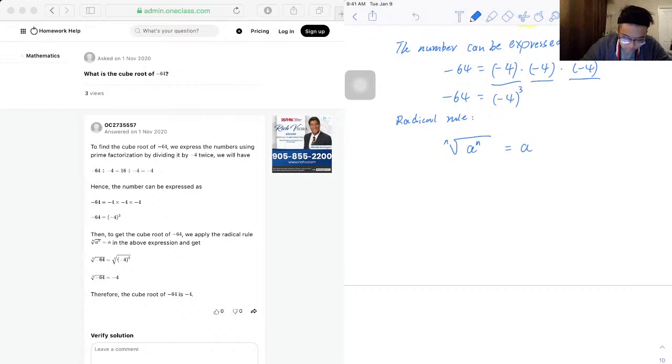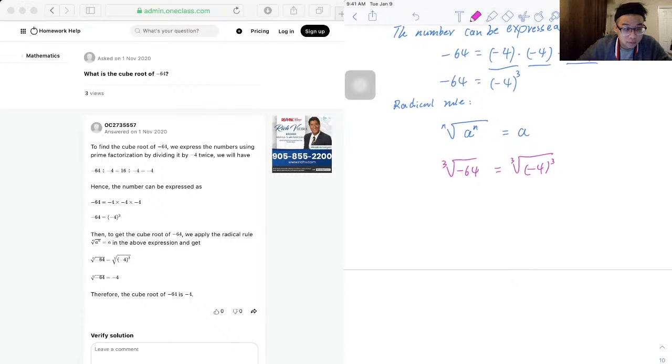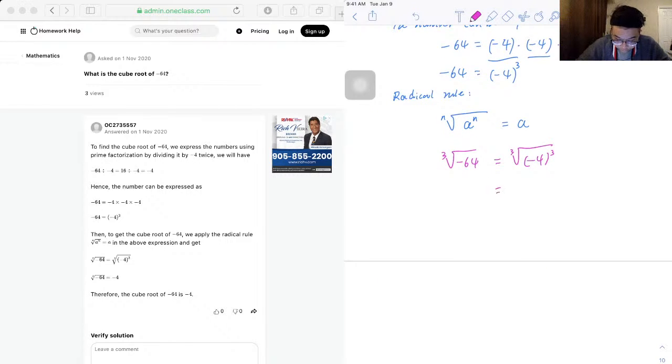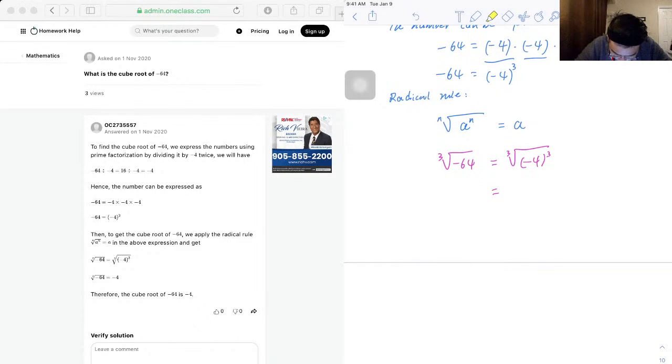Substituting the number, we will get negative 64 to the cube root is equal to negative 4 to the exponent of 3, cube root, which is equal to a itself. This time a is equal to negative 4, so it's just going to be negative 4 at the end, and we just copy down what we have on the left hand side.